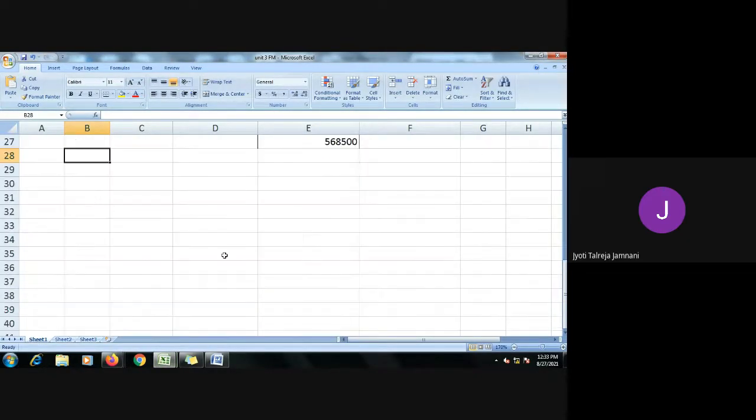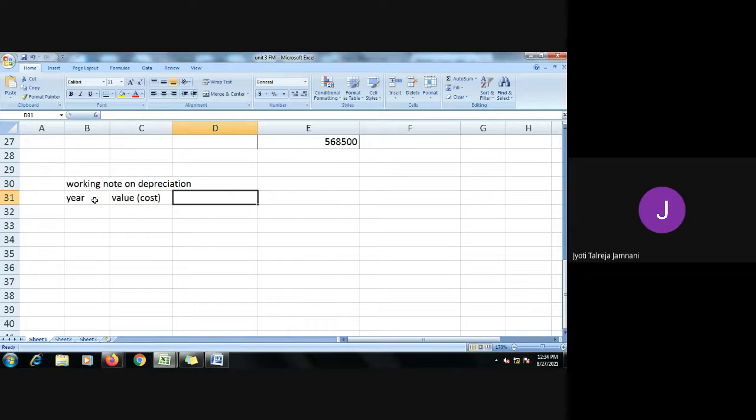First we'll do the working note on depreciation. The working note on depreciation involves year, value, or you can say cost also.